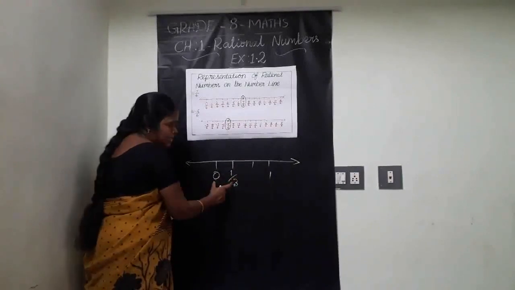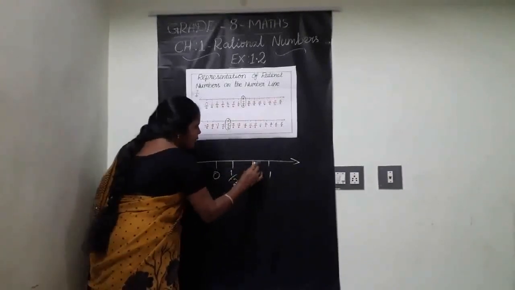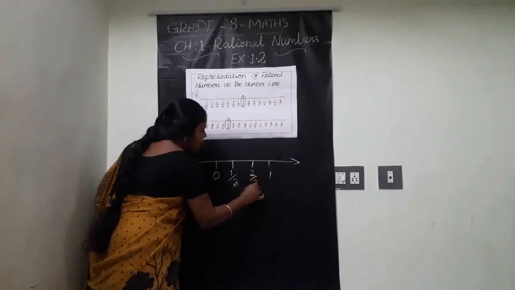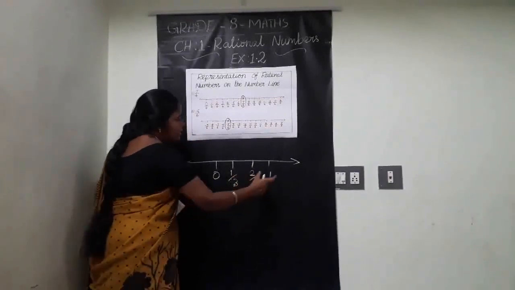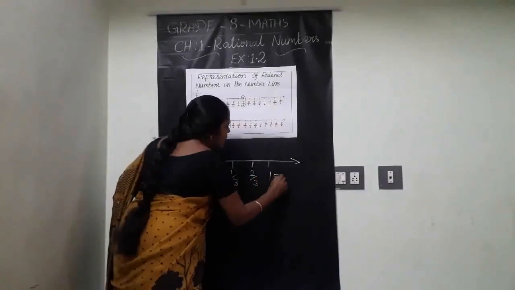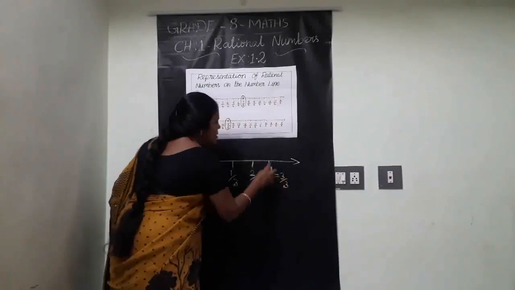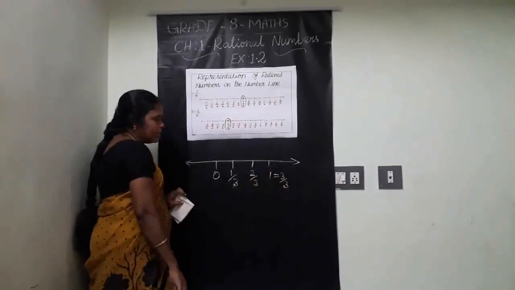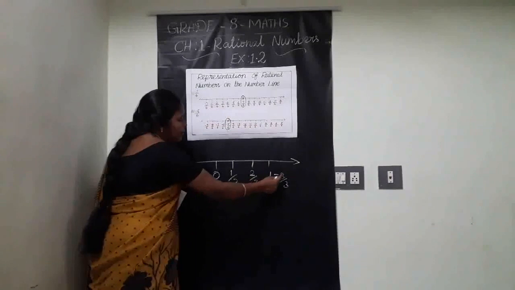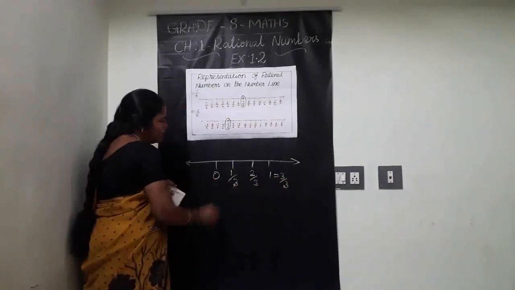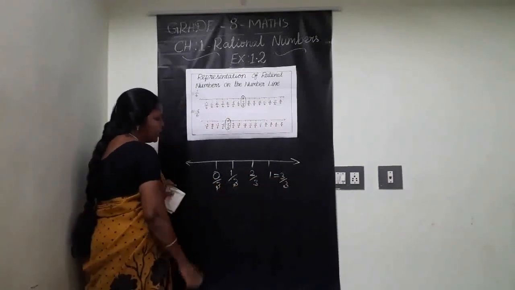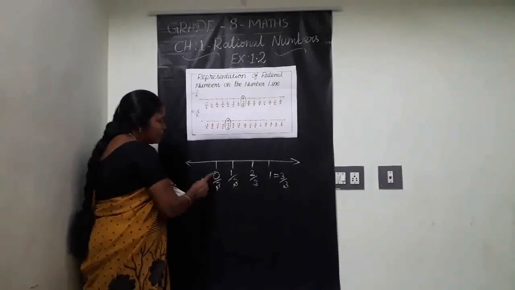This is the first piece. Like that, how do you mention this? 2 by 3, the second piece. That means this one is 3 by 3, the third piece out of 3 pieces. So that can be written as 3 by 3. Now this is 0 by 3; 0 can be written as 0 by 3.